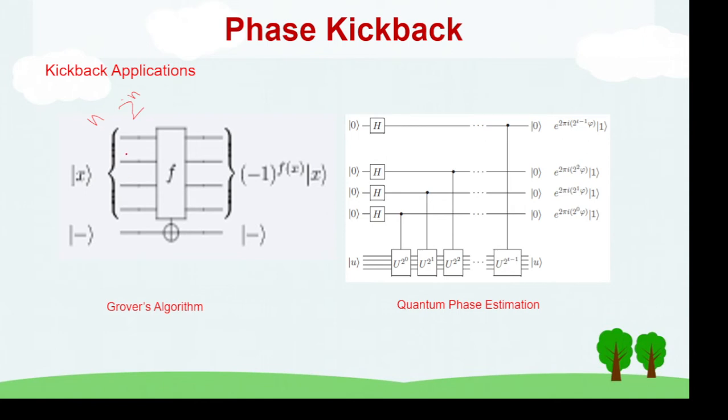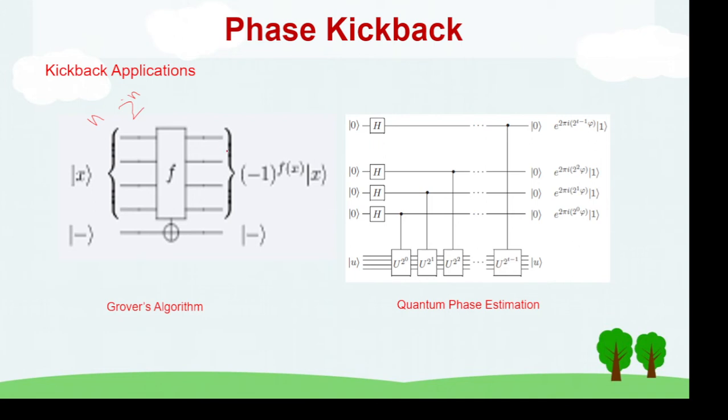Out of which generally we'll be interested in one or a few states. That is done with the help of phase kickback. In order to do that, we'll start with another qubit in the minus state, and this phase will be kicked back to the one we are interested in, with the help of an oracle. For that particular state which we are interested in, a negative phase will be added. All others remain in their respective states.